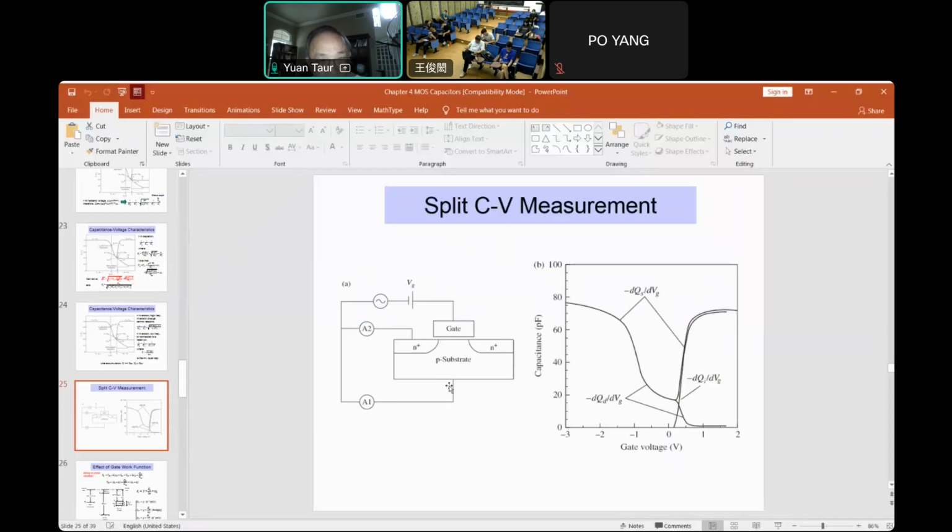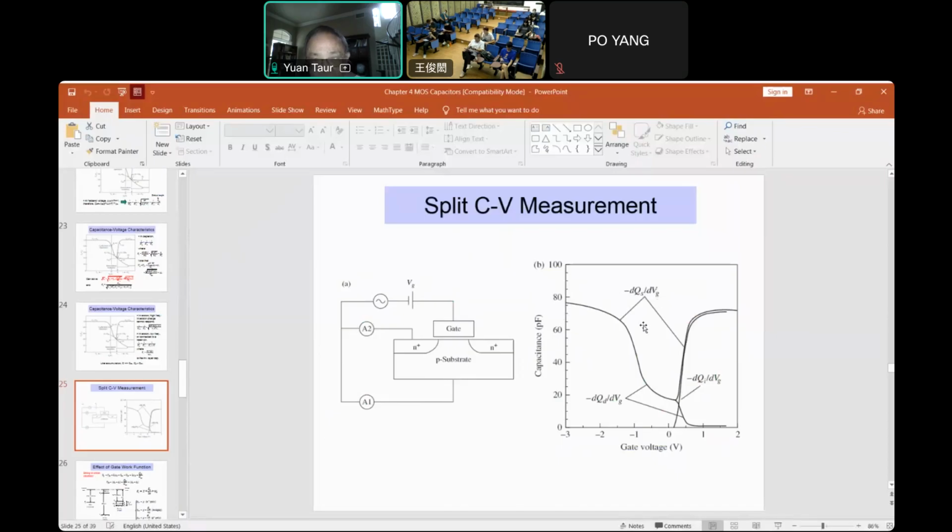Okay, so in other words, you separate the electron and hole response. Hole response goes to the substrate, and the electron response is measured by the A2 connected to the source and drain. And then if you add them up, that's the total charge.